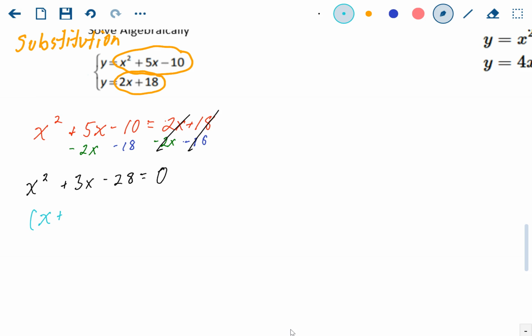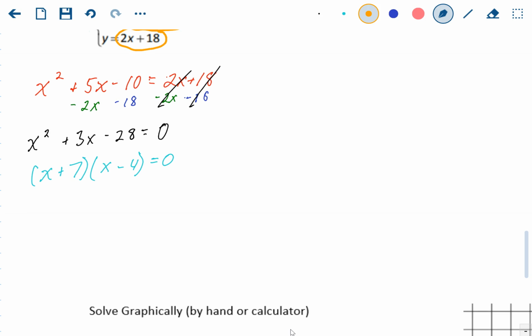Positive 7 times negative 4 is negative 28. Positive 7 plus negative 4 is positive 3. That works. All right, and then use the zero product property. We've done it a bunch. So we know that our x values are going to equal negative 7 and positive 4.